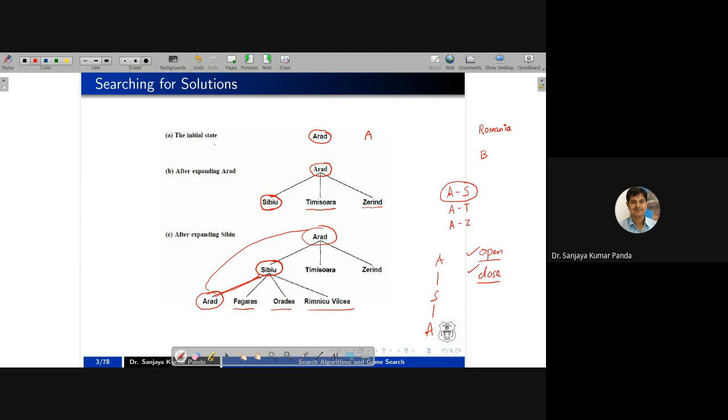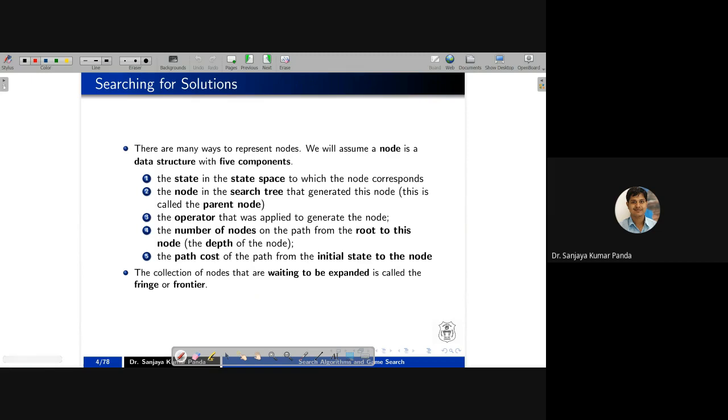Now, how to represent this node, whether A, S, T, Z, whatever different cities you are seeing here, how to represent that particular city. So there are a number of ways to represent the nodes.